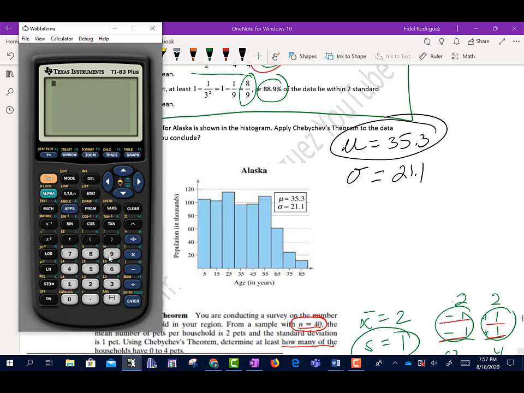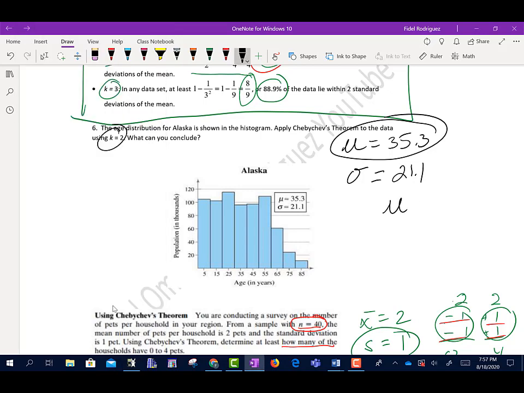So let's clear it out. Let's take 35.3, and we're going to add 21.1, and we're going to add another 21.1, and I'm coming up with 77.5. So when I do mu plus 2 standard deviations, we came up with 77.5.